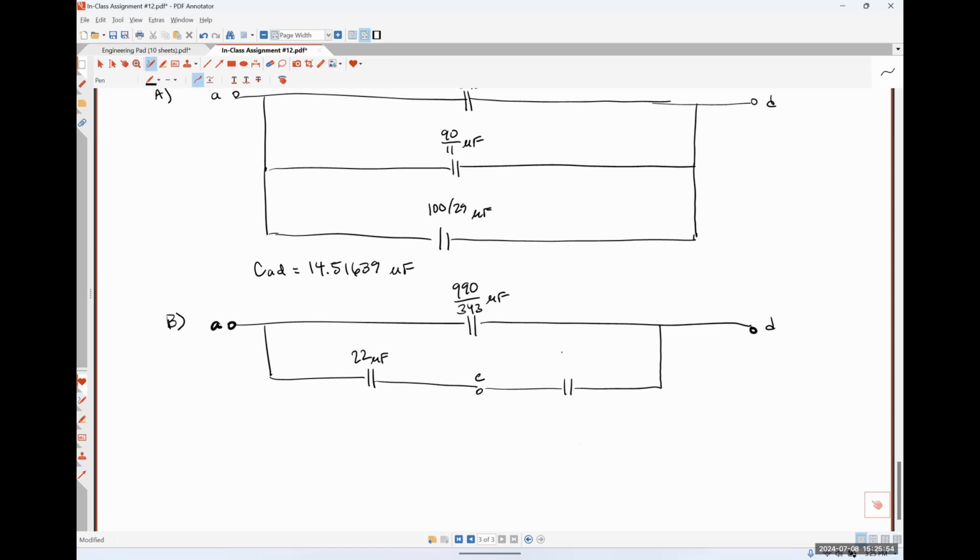So somebody else tell me how I would combine 22 in series with 40. 22 times 40 over 22 plus 40. Thank you, Baylor. Exactly right. So 22 times 40 over 22 plus 40, which gives me 440 over 31.